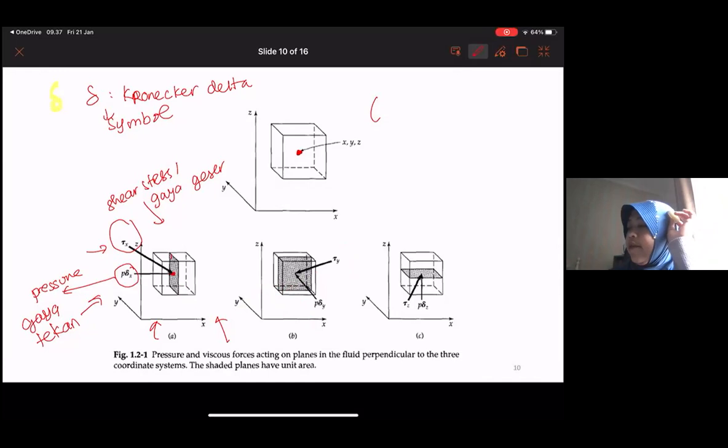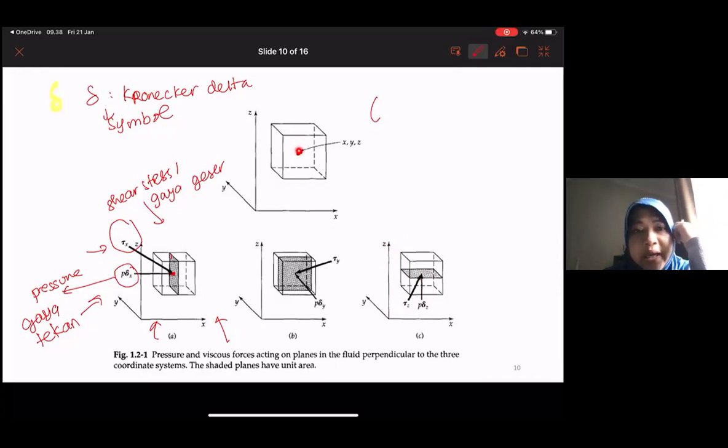And if we look at the area perpendicular to the z-axis, there would also be a possibility of pressure, perpendicular, and also shear stress.